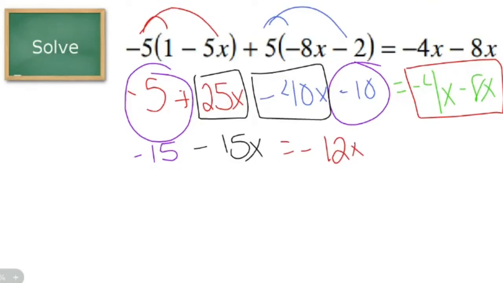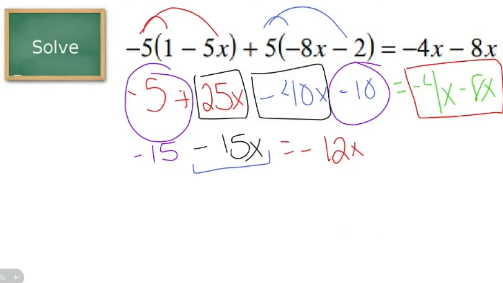Now what I have is a mess, but the rules still apply from the problems that we did before. I have variables on the left and I have variables on the right. I have a -15x on the left and I have a -12x on the right. What I want to do is get rid of the -15x. The reason is that if I move the -12x to the left, then I have two things on the left.